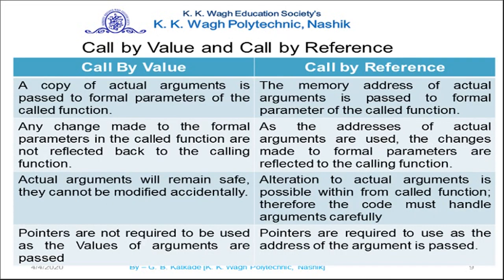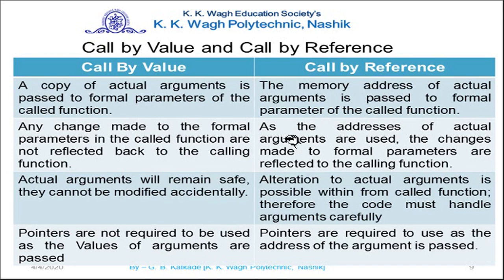Now, call by value and call by reference are two different techniques, and here is the summary of how the two differ. As we discussed, call by value gives the value from the actual parameter to the formal parameter, and in call by reference we are giving the memory address of the actual parameter.